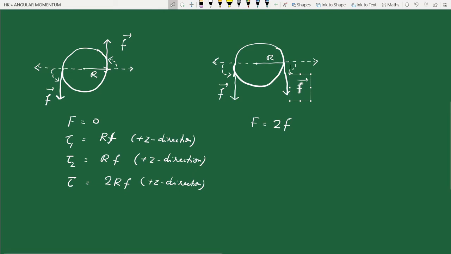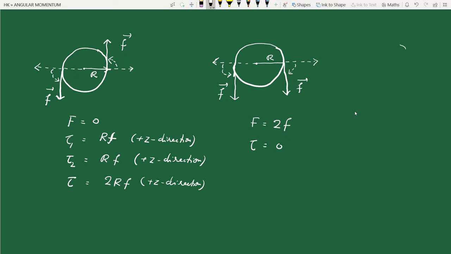So this is the minus Z direction, whereas for the torque due to the force on the left side, the rotation from R to F is in the counterclockwise sense, so the torque is in the plus Z direction. So the net torque due to these two forces is 0. So this is a situation where there is a net force but there is no net torque.